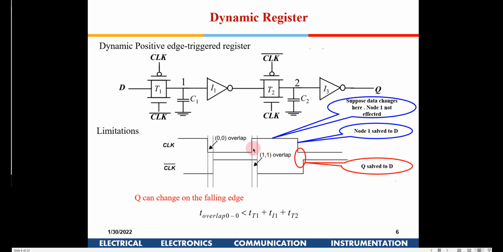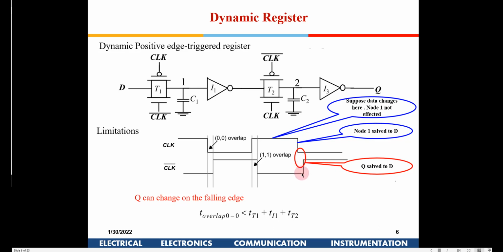If you see here, the data is changing out here. Now that data is coming here, one pass transistor, one inverter, and one more inverter out here. So when the negative edge is going out here, whatever data has changed in the negative edge will come here, and then the positive edge is here.